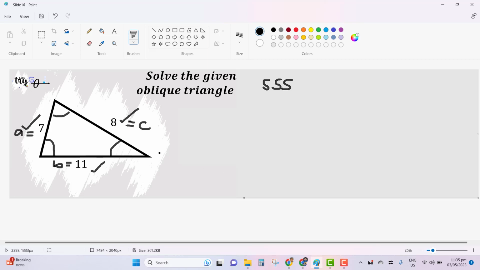This is your angle A, this is your angle B, and this is your angle C. In short, we are solving for the measurement of angle A, angle B, and finally, angle C. We do have formulas for this under the law of cosines, but it's good to note that we will be using those formulas for only the first two angle measurements.